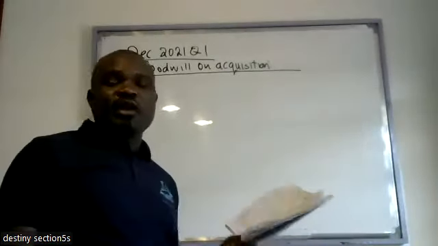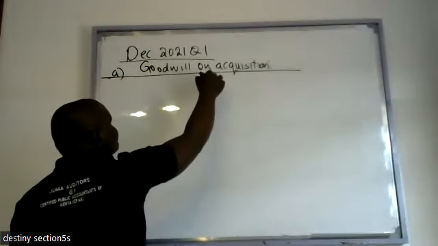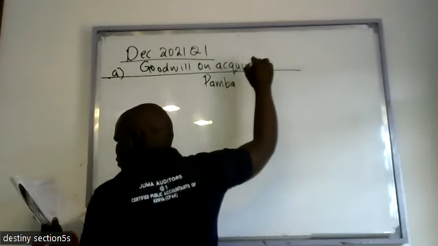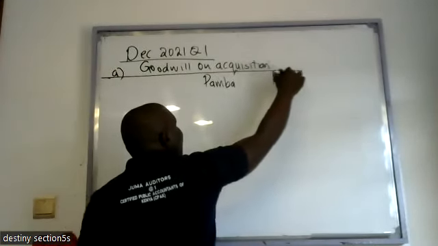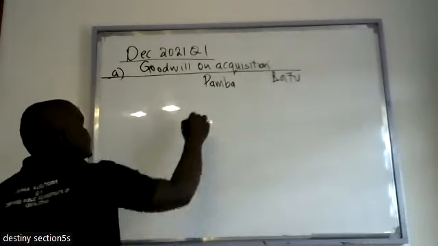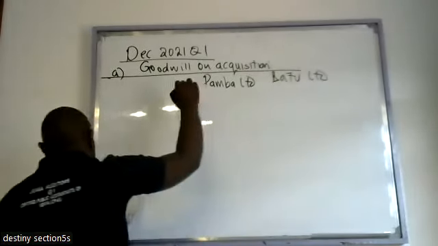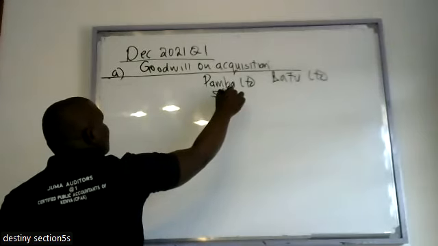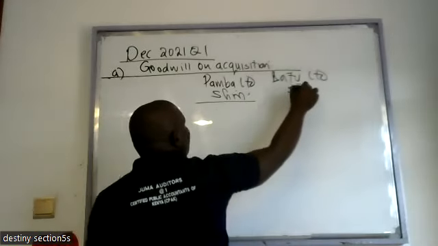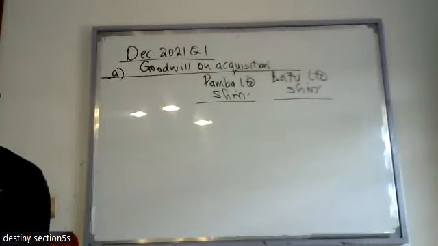To avoid time wastage, you bring all of them, Pamba and Pareto, Dafu, sorry, and Dafu. The two of them. Shillings, so this is Pamba limited. This is also Dafu limited. Shillings are in millions. So have that one there.